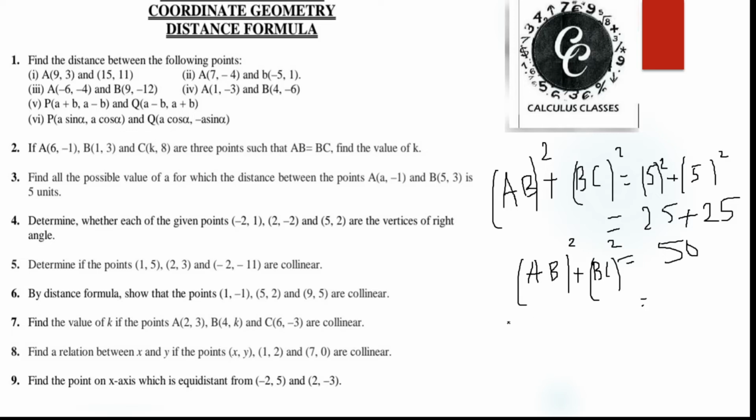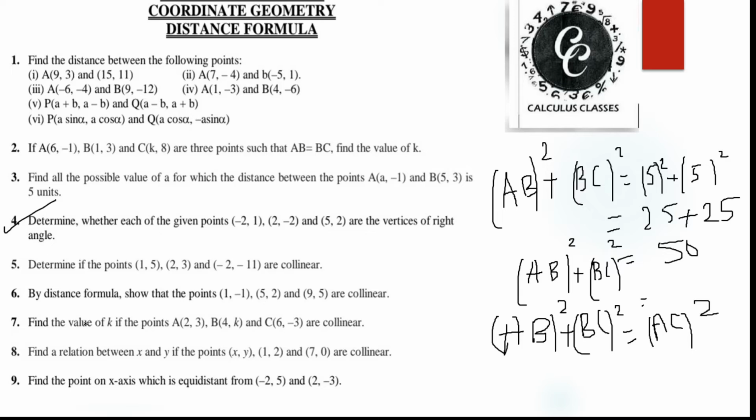So we could say AB squared plus BC squared is equal to AC squared, because AC squared was equal to 50. Okay, so this says that the Pythagoras theorem is verified. That means these three are the vertices of a right angle triangle. I hope you are understanding well.